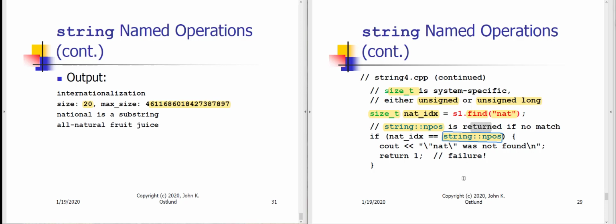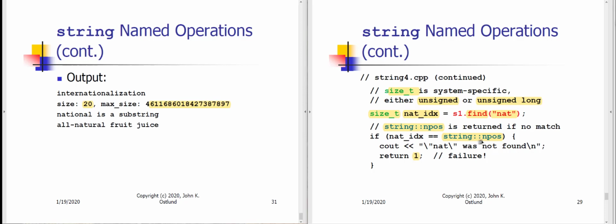In this case, if nat_idx is equal to string::npos, then we'll print out this message that nat was not found. We're also going to return a 1 from main in this case, which we can detect at the shell level to indicate that our program failed in some way.